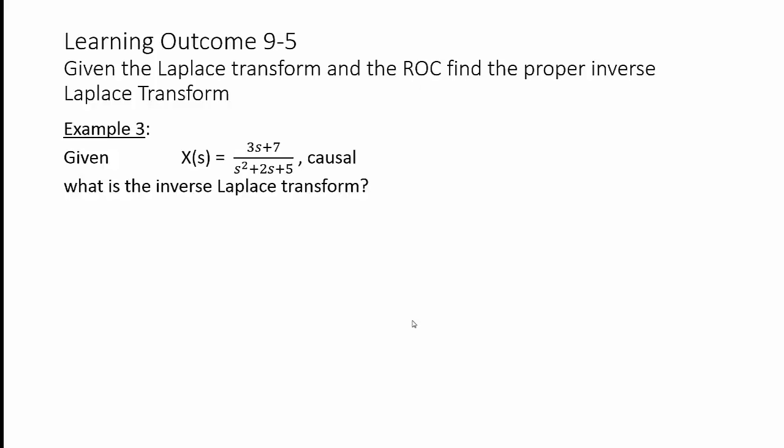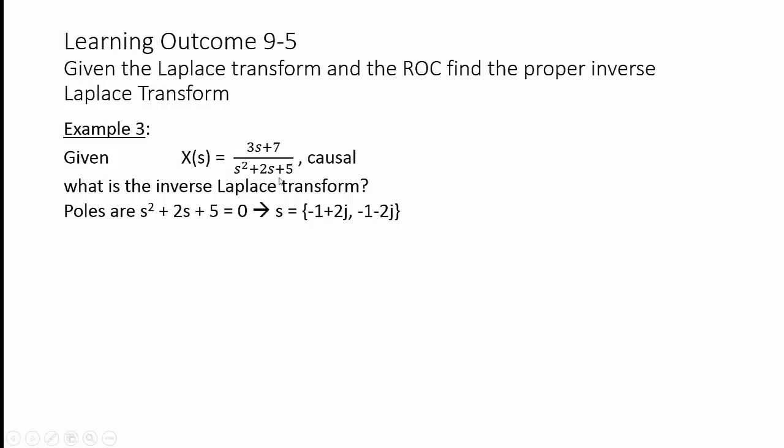Third example, X(s) is 3s plus 7 divided by s squared plus 2s plus 5. I'm not going to tell you exactly what the ROC is, because that'll give away some of the other answers. But I will tell you this is causal, and therefore one of those 4 transforms from Table 9.2 applies. Check out our poles, and our poles are negative 1 plus 2j and negative 1 minus 2j. They're complex.